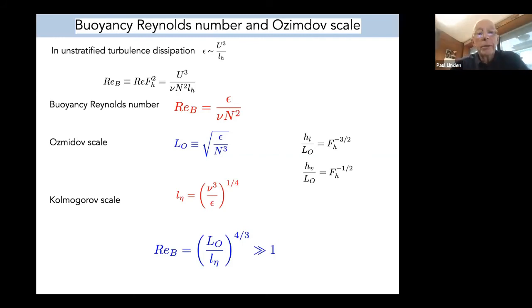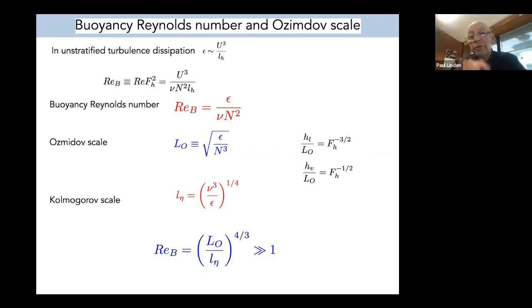So the buoyancy Reynolds number, REB, as I said, is the product of the Reynolds number and the Froude number squared, which is u cubed, when I write them all out, nu over n squared LH. And so if I now take out the u cubed over LH as epsilon, the viscous dissipation, then I write the buoyancy Reynolds number in terms of epsilon, the dissipation, over nu n squared.